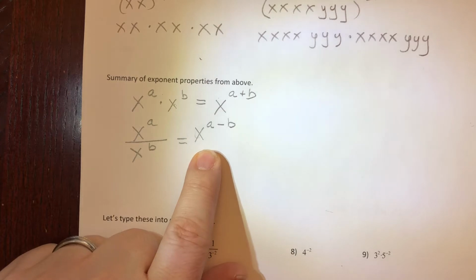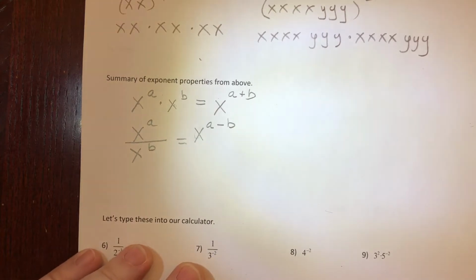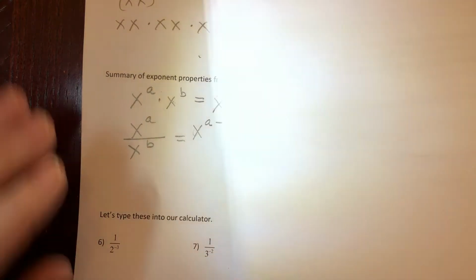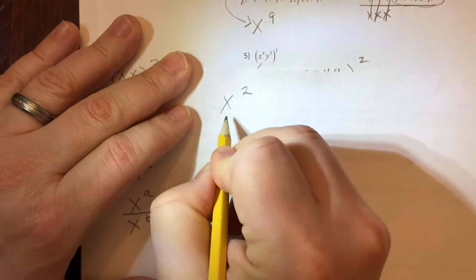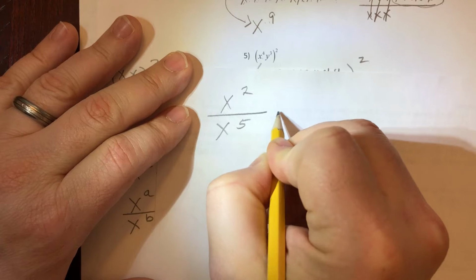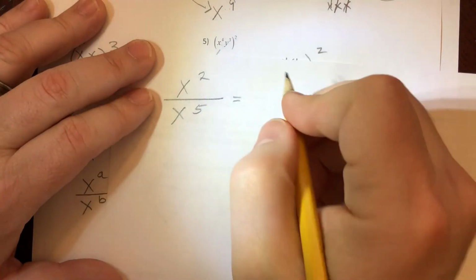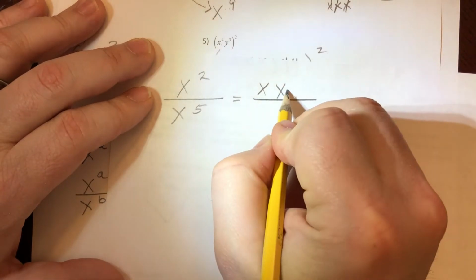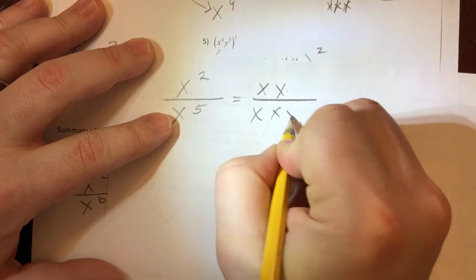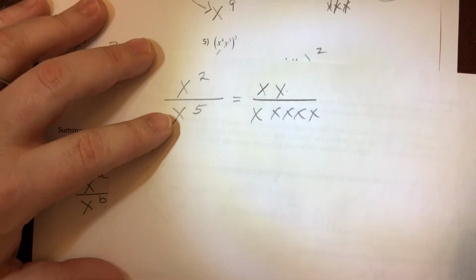Now, there's a lot of different expansions we can do to that. Let's actually do a little side work on an expansion. What if I had x to the 2nd over x to the 5th? If I wrote that in expanded, it'd be xx over x to the 5th expanded.